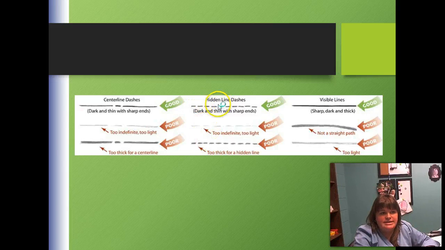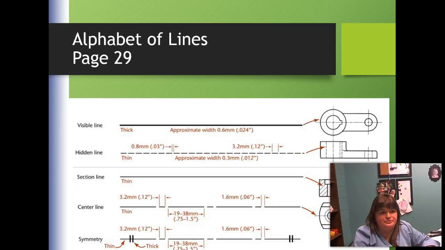So again, example of good, and then these are don't do those examples. And then over here on the right, we've got an example of a visible line, or just a plain, simple line. So here's one that's not very straight, okay? Here's one that's a little bit too light. So you get the idea. And again, those were sketches. Didn't have to use your drafting tools to come up with those, but you get the idea.